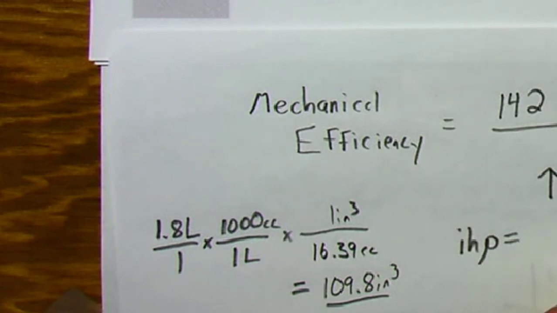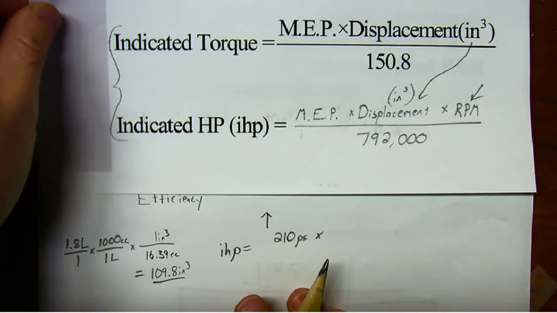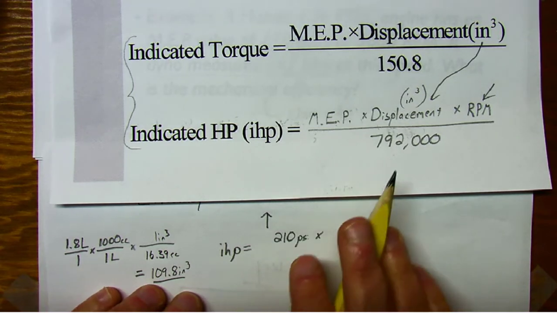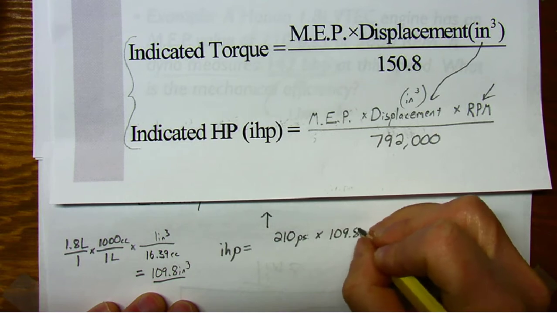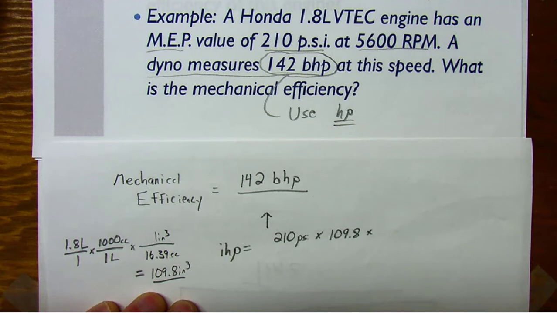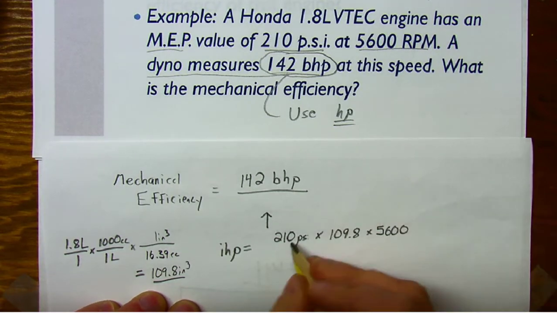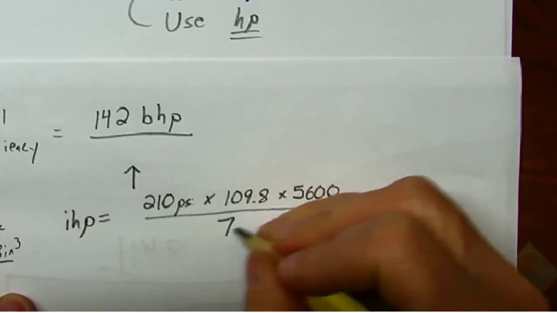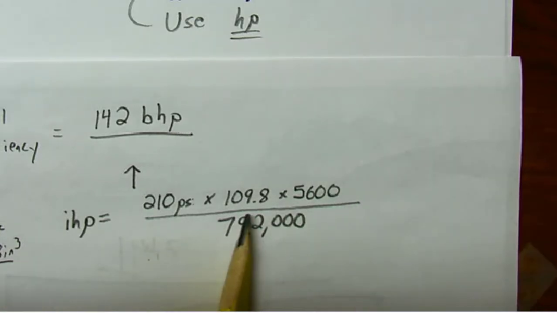So our indicated horsepower is going to be our pressure of 210 psi times our displacement of 109.8 cubic inches times our RPM, 5,600, divided by 792,000. 210 times 109.8 times 5,600 divided by 792,000.